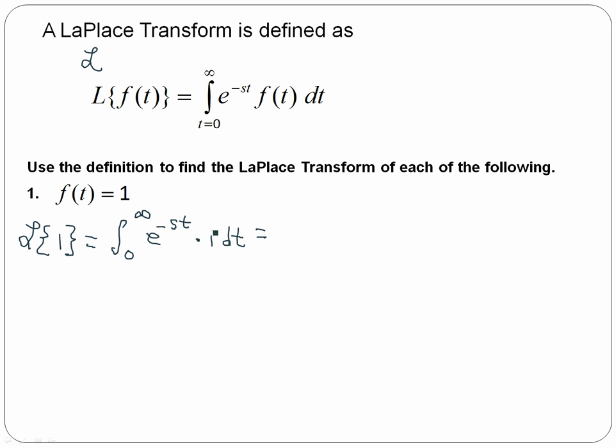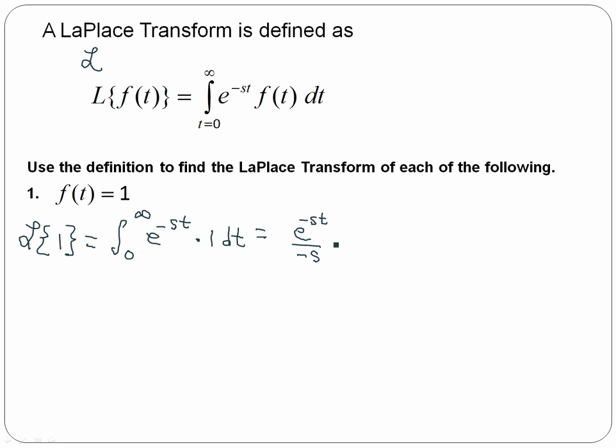When you do this integration, multiplying by 1 just gives you e to the negative st. And we're integrating with respect to t, so this s is considered a constant. And so really you just have e to some constant times t. When you integrate an exponential with a linear exponent, you get that same exponential back, e to the negative st, divided by the coefficient, divided by negative s.